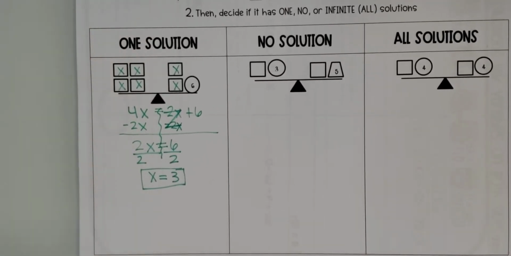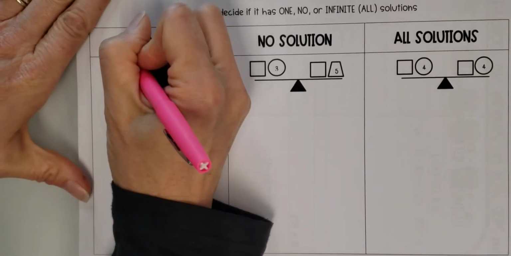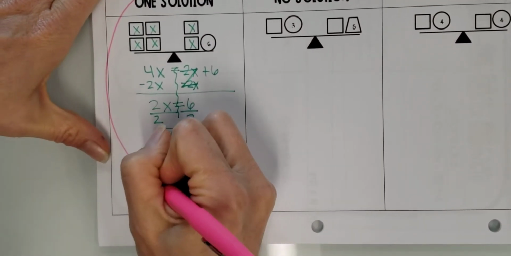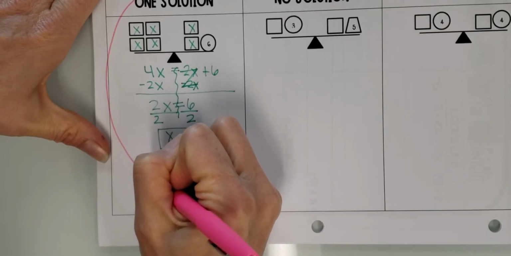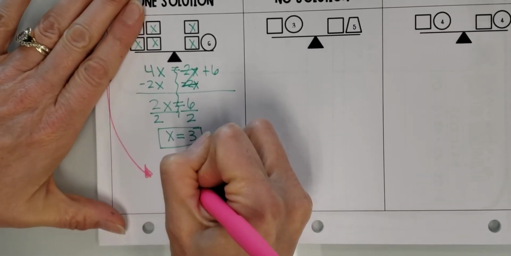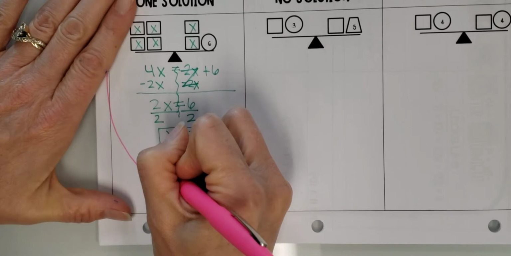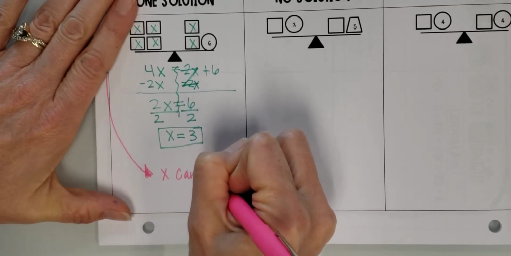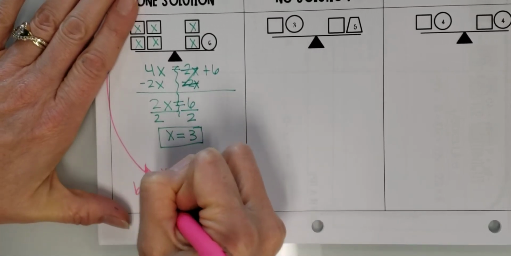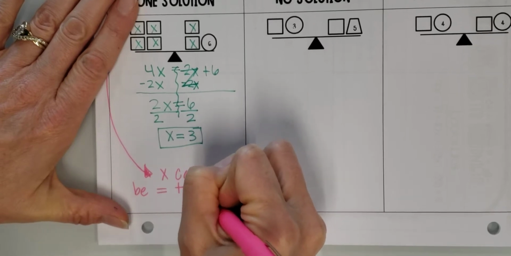Basically what it's saying is that anytime I solve an equation, x can only equal one number. So for one solution, we're going to write a little definition down here. X, or any variable really, can only be equal to one number.